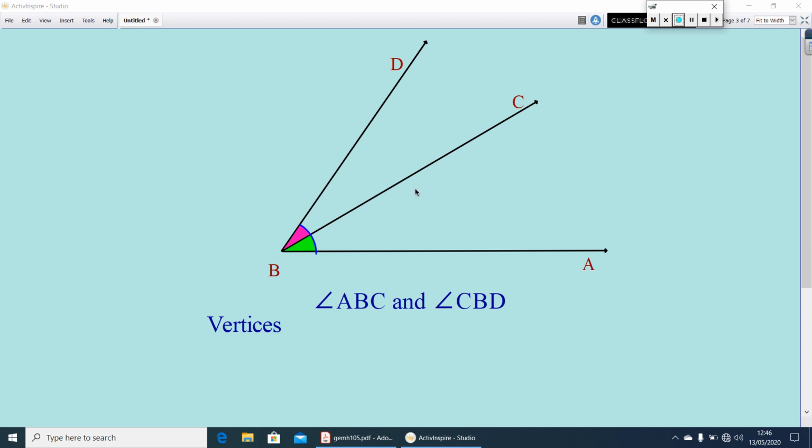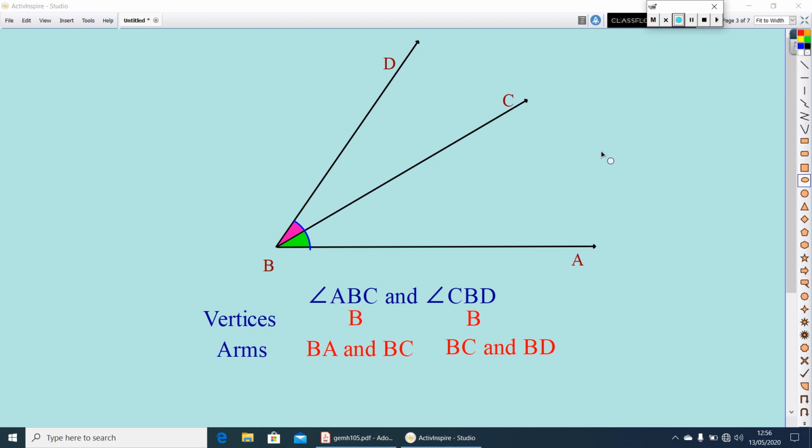For angle CBD, again B is the vertex. So the vertices are B and B, that is, the same vertex for both the angles. Now, what are the arms of these two angles? The arms are BA and BC, again BC and BD.